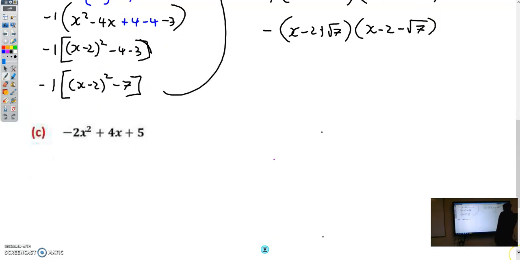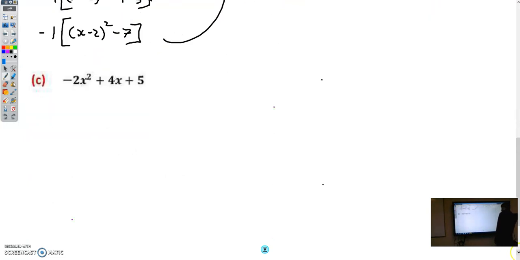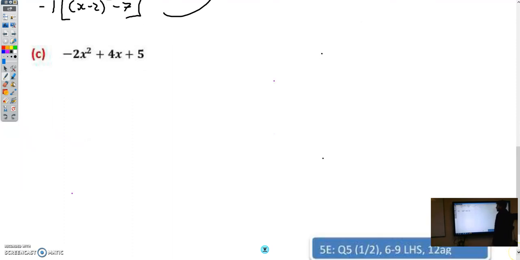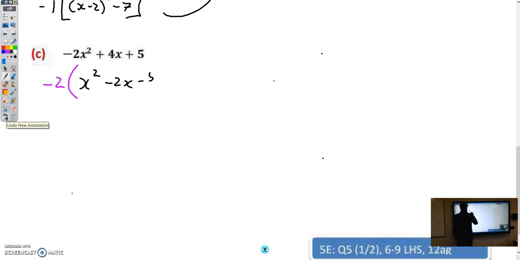The final example, C. We have negative 2 as a coefficient of x squared. So we will take the negative 2 outside. We will have x squared plus 4 on negative 2 becomes negative 2x. And 5 on negative 2, we're just going to leave as minus 5 on 2.